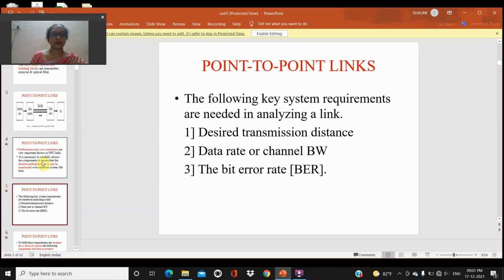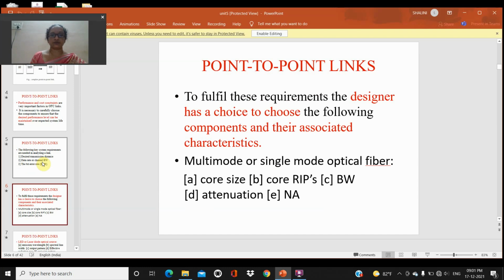Point to point links also involve analyzing a link: the system requirements needed for establishing a link are desired transmission distance, data rate or channel bandwidth, the bit rate, and the bit error rate.